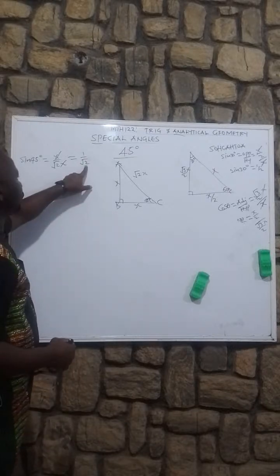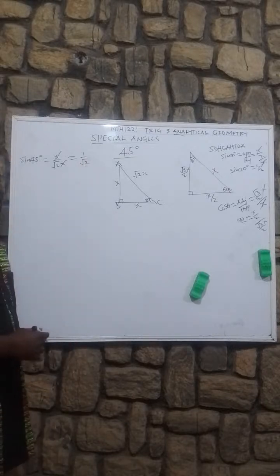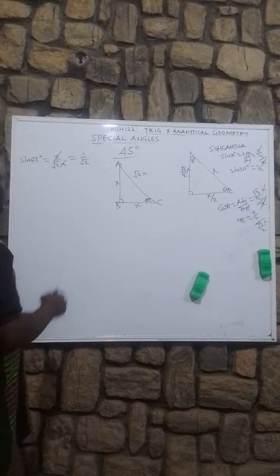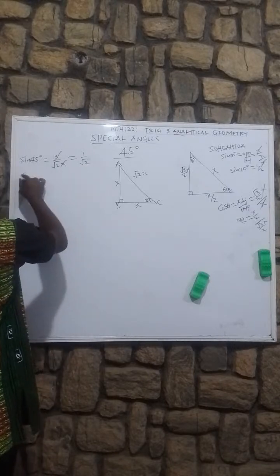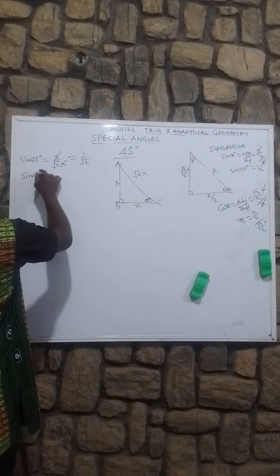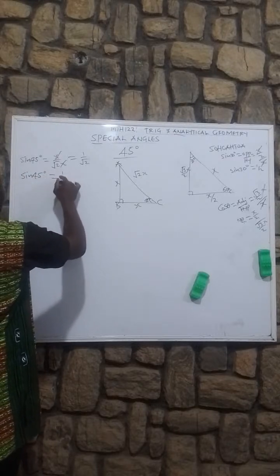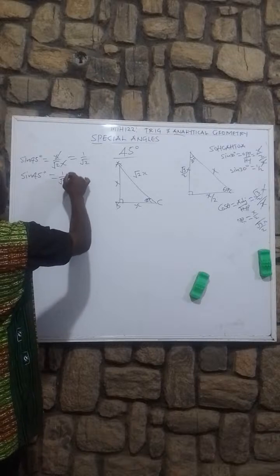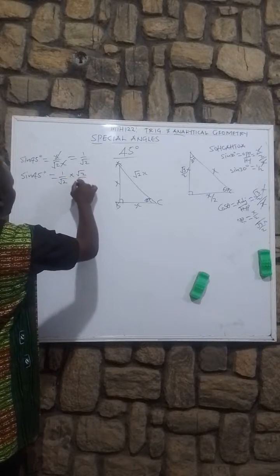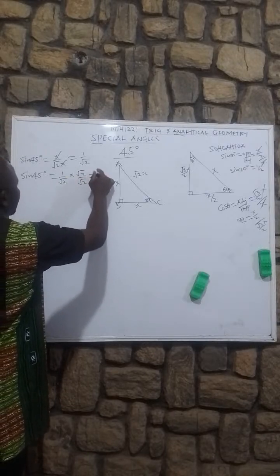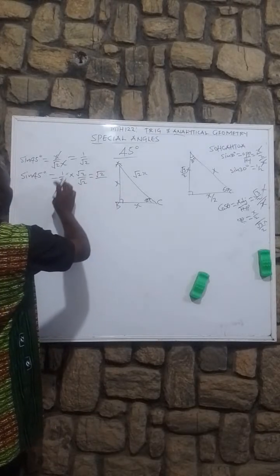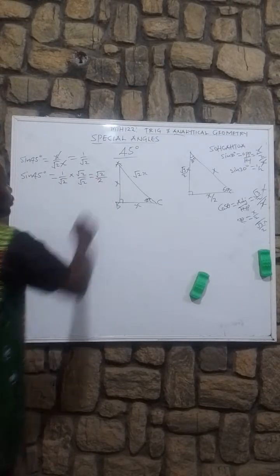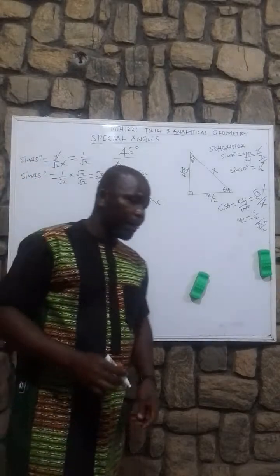But because of the surd here, we have to rationalize. So sine 45 degree now equals 1 all over root 2 times root 2 all over root 2. Then this gives us root 2 all over root 2 times root 2, which is 2. True or false? Any question?